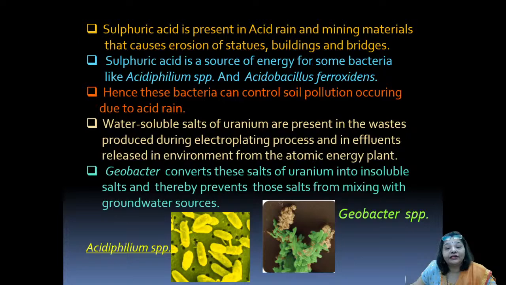Hence, these bacteria can control the soil pollution and the erosion of certain buildings and bridges that occur due to this acid rain.